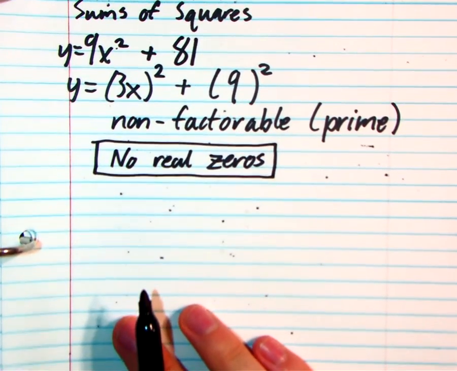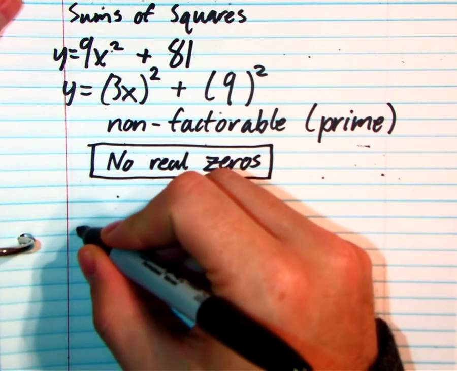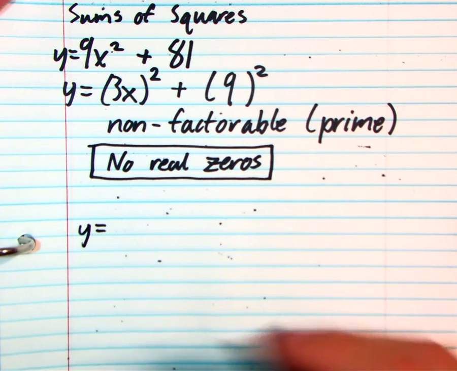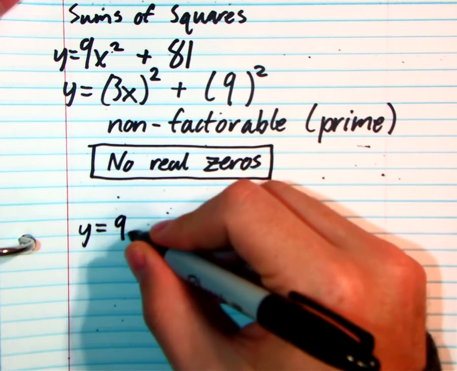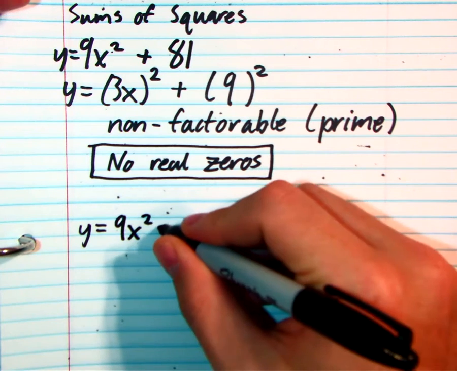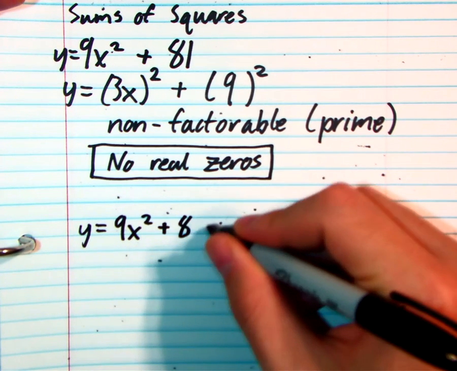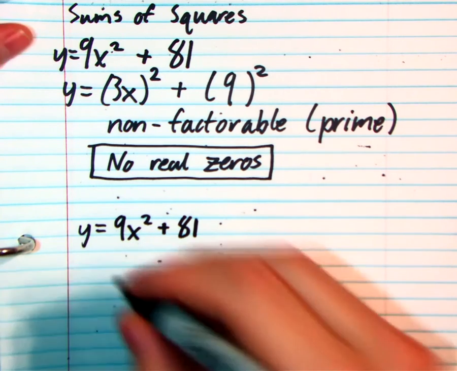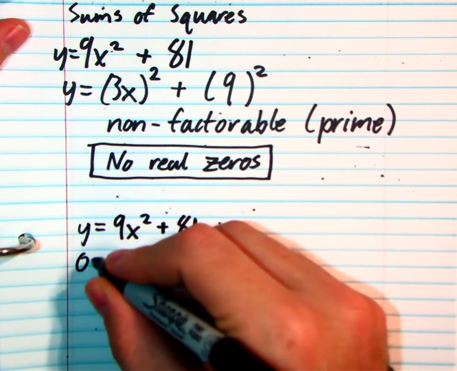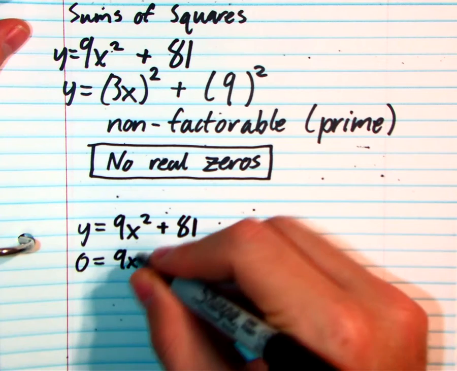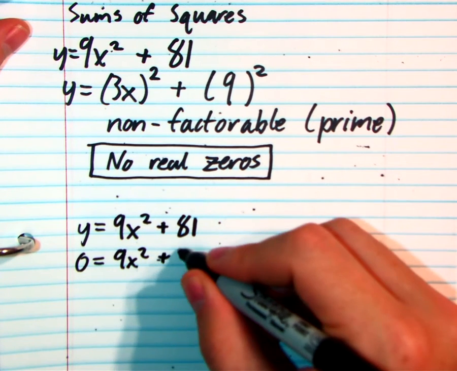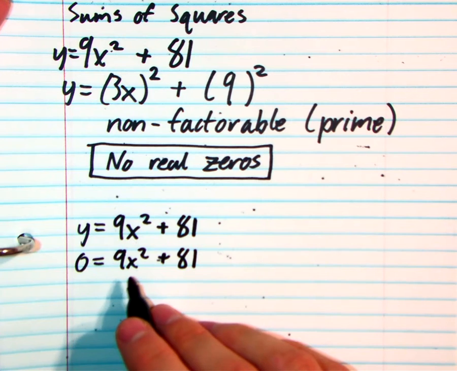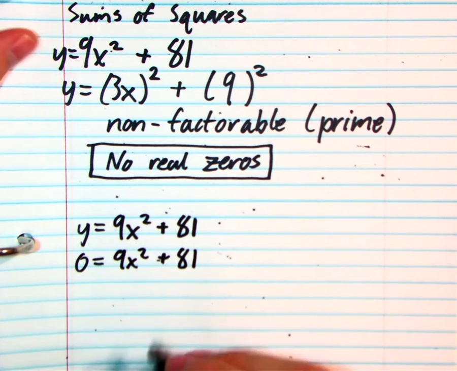Well, imagine that if I was a creative person and I tried to solve this problem in a slightly different way than you're usually supposed to. So I decided to try to solve this problem without factoring. Well, I need to set y equal to 0. And then what if I just tried to solve for x without factoring?